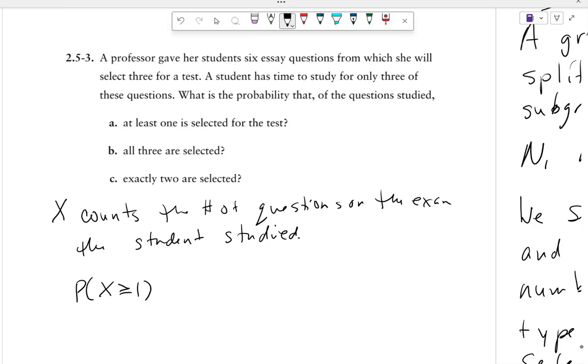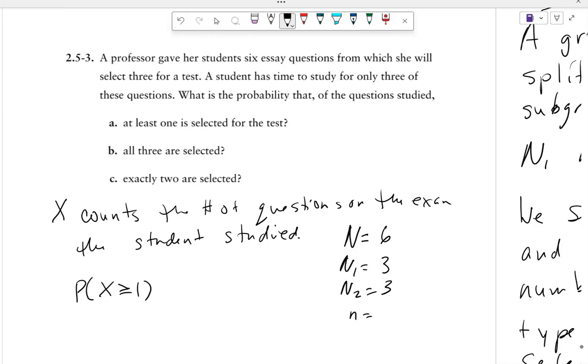That's at least 1. But let's see if we can identify the other parts so that we can plug this in now. Capital N, total number of objects, is 6. Number of questions the student studied is 3, which also makes the questions the student didn't study 3.